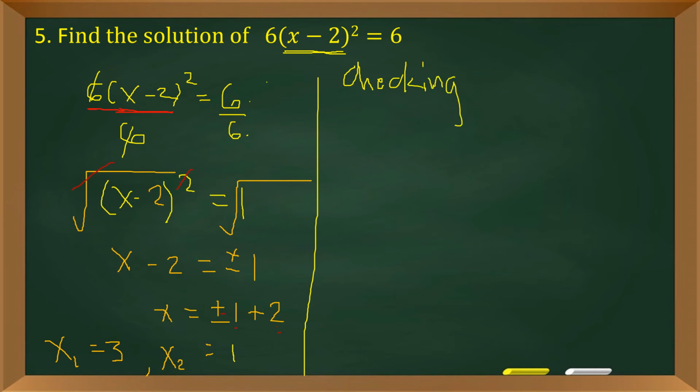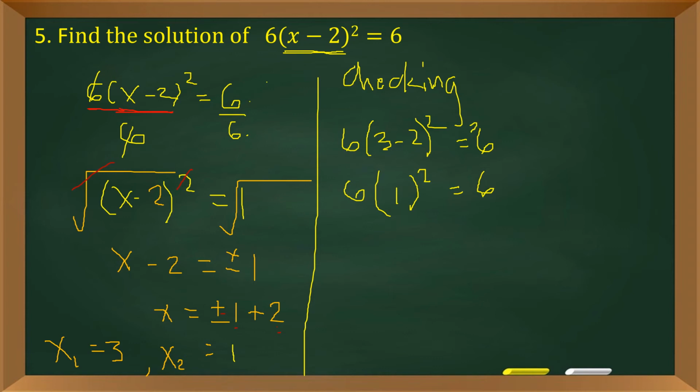Checking. So, first, substitute natin si x of 1, which is 3. So, 3 minus 2 squared is equal to 6. But 6 times the operation inside the parentheses, 3 minus 2 is 1. 1 squared is equal to 6. Wait, we forgot question mark again. So, question mark.